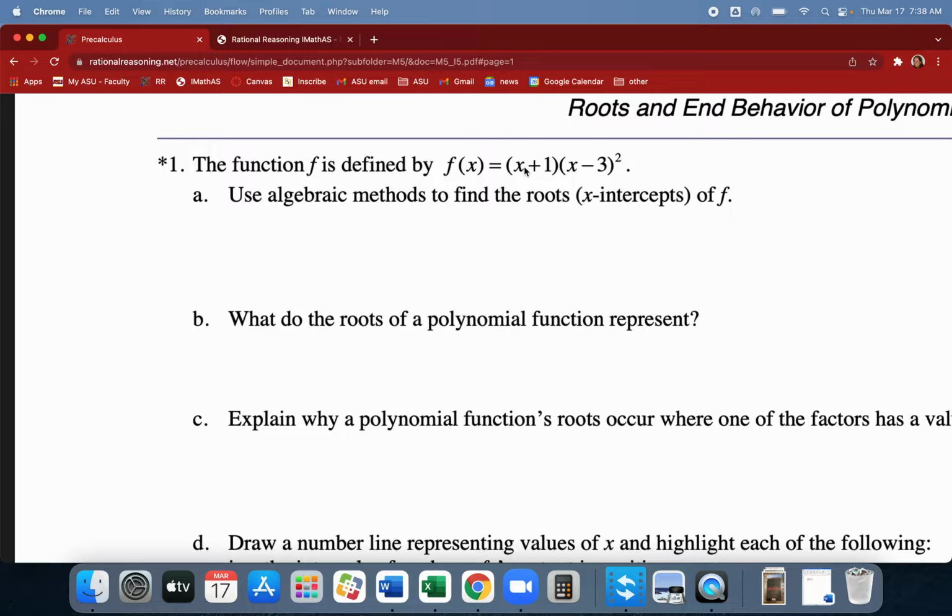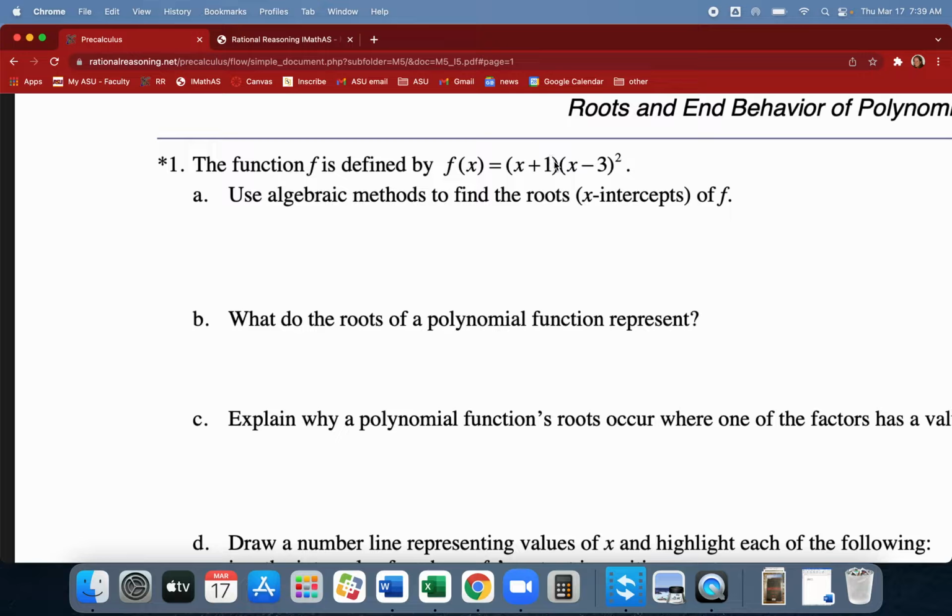And I can kind of play connect the dots to some extent. But keep in mind, I'm not allowed to go through the x-axis anymore. I have to go through this point also. So maybe I can say, all right, well, I'm going to go here. Got to go like that. And so you see at x equals 3, it's not a pass through the x-axis, it's a kind of bounce off the x-axis.